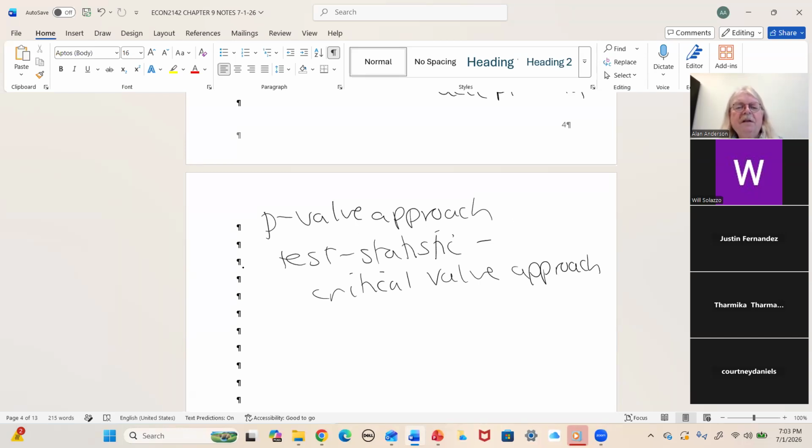The p-value approach is a little bit newer, and one of the reasons it's as popular as it is is that often when you use a calculator or Excel, it'll produce a p-value for you, which makes things a lot simpler. The test statistic critical value approach is the more standardized, old guard approach, which was always very popular. But with the advent of more powerful computers and calculators, the p-value became more and more popular because if the computer is giving you that number, it means a little bit less work for you.